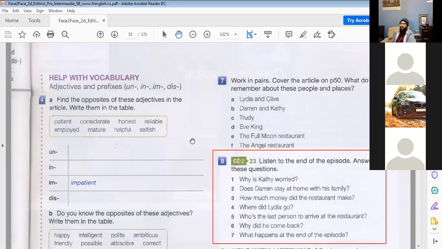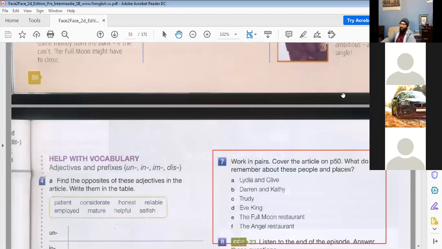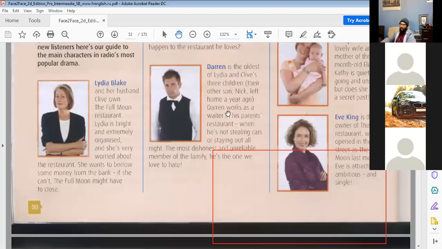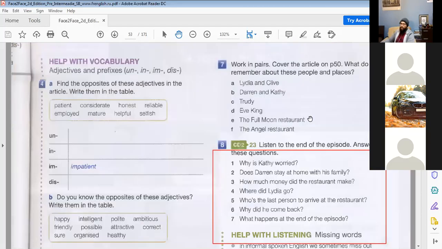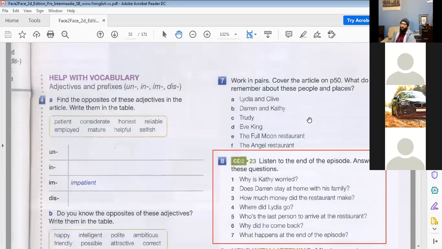But is Darren the criminal? I don't think Darren was the criminal. It was his brother. Yes, Darren is the criminal, correct? So she's worried that maybe her husband stole something, or something happened to her daughter.